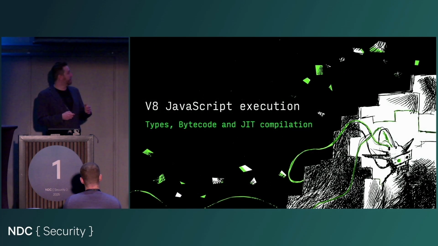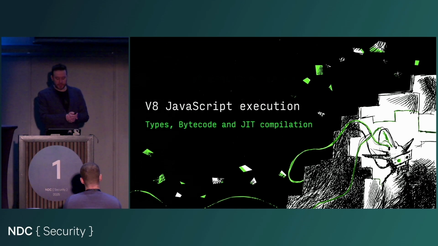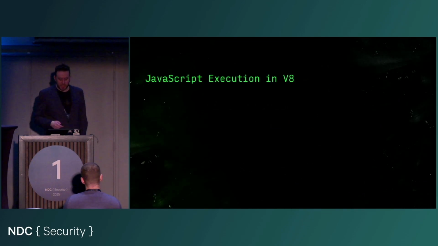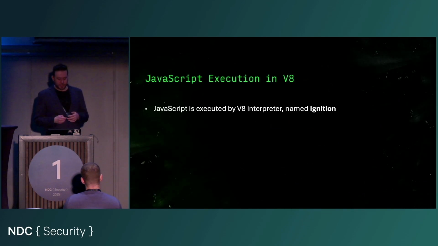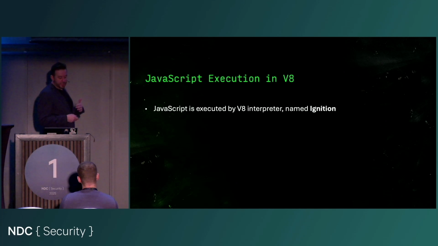So having a bit of a review of the V8 pipeline, let's now see how JavaScript actually gets executed inside V8. Ignition is not optimal as it doesn't generate efficient machine code, but the interpreter, as we said, is named Ignition, and it's the first stage of executing code.